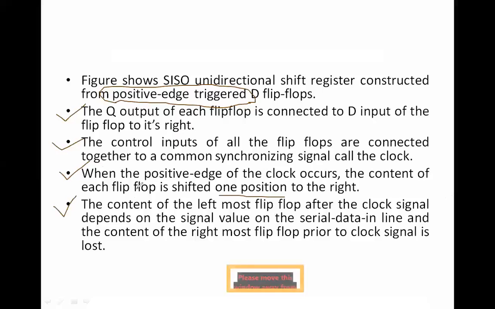As the clock keeps moving from 0 to 1 and 1 to 0, we are looking at positive edge triggered flip-flops. So only when values move from lower to higher is there a transition of data from one stage to another stage.